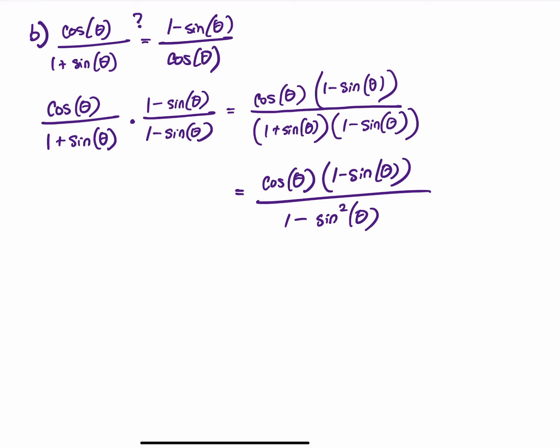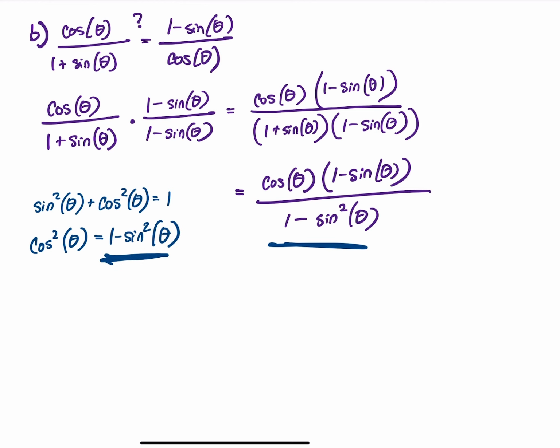If you remember in our last video, we were playing around with that Pythagorean identity, sine squared plus cosine squared equals 1. And if I subtract the sine squared over, I get this statement that the cosine squared equals 1 minus sine squared. So notice there's our 1 minus sine squared. So let's use this identity. We can replace 1 minus sine squared with cosine squared.